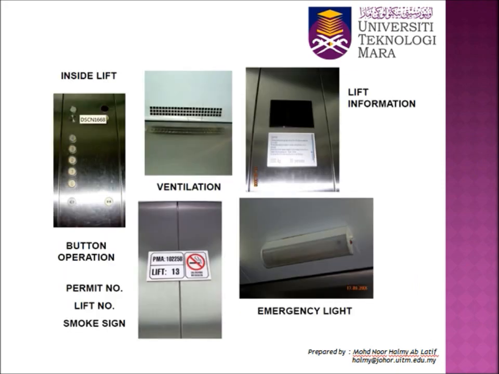So inside lift, button operation. Lepas tu kita ada permit number, lift number and no smoke sign. And then you akan perasan ada ventilation and lift information and also emergency light.